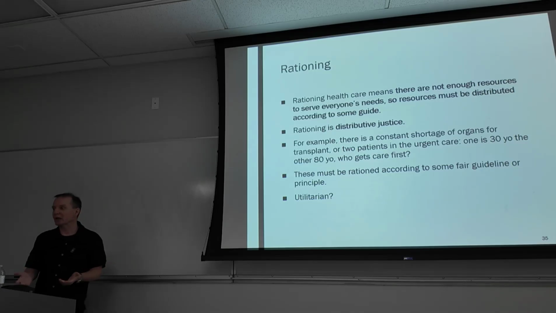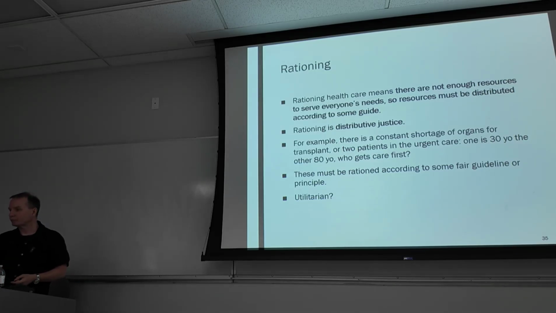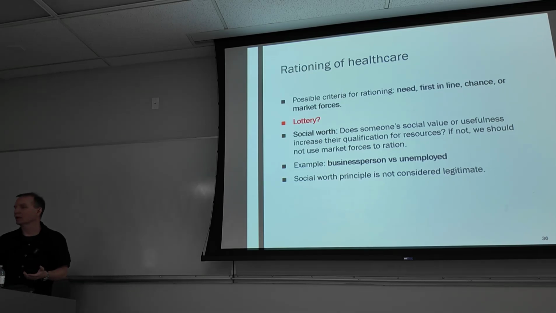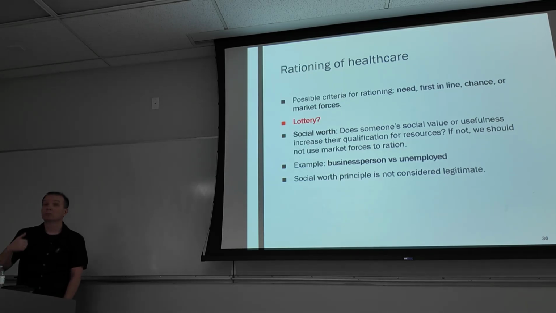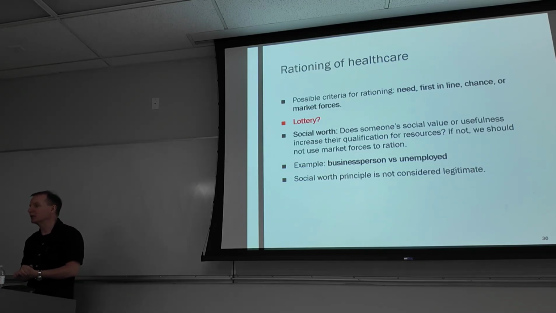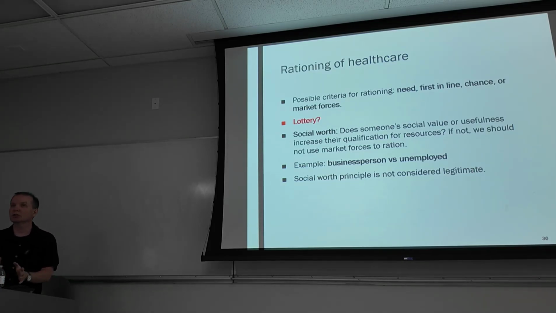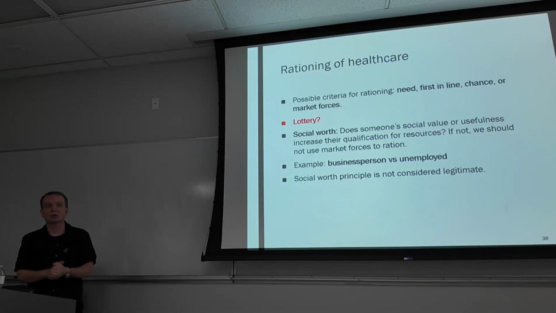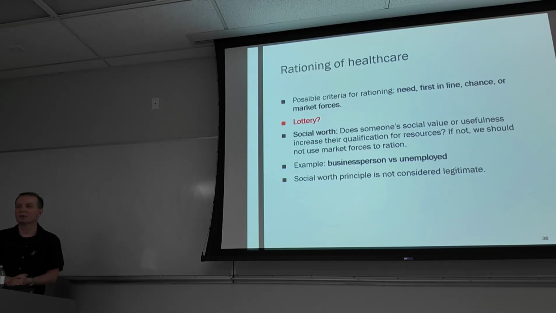But is there a way around it? One way would be obviously to look at it from a utilitarian point of view and to see how you maximize it. But what's the fair way then to distribute care? It's actually a problem not just in this country, but everywhere, because in Great Britain, I told you guys, they have free medical care, but when it's free, you also have the problem of rationing.